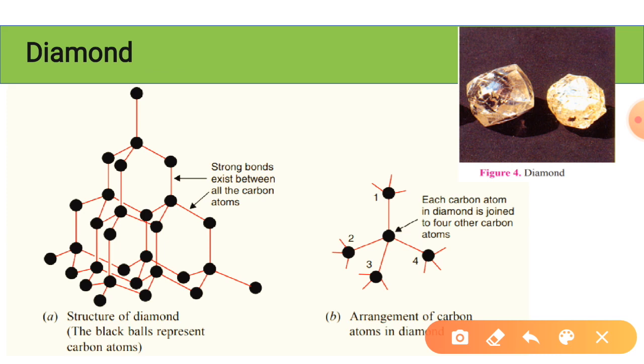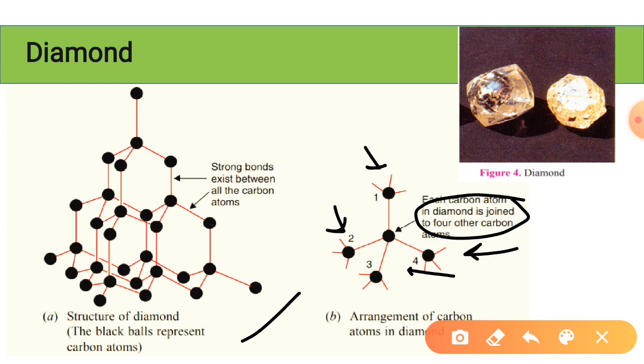Now let's understand the structure of diamond. Here on your screen you can see the structure of diamond. It is a giant molecule of carbon in which each carbon atom is bonded to four other carbon atoms. You can see here, this is the central carbon atom and it is connected with four other carbon atoms. In this manner, students, one carbon atom is connected to four others, and this results in a strong network structure.